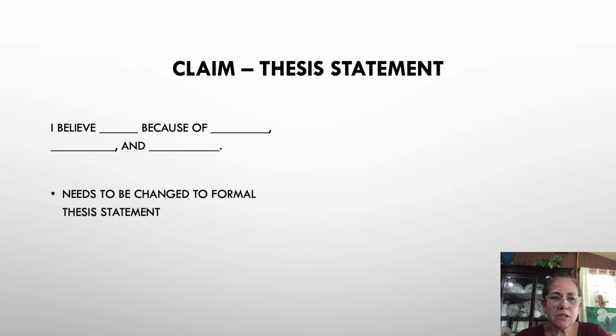So the easiest way I can do this for you is you are going to write a statement to say, I believe in this, and this will be whatever your issue is. And then after that, you are going to say, because of, and then evidence 1, evidence 2, and evidence 3. So if you can take all of the information you did in your outline, and if you can word it this way, this is step number 1. Now, how do we take that opinion statement and how do we formalize it?